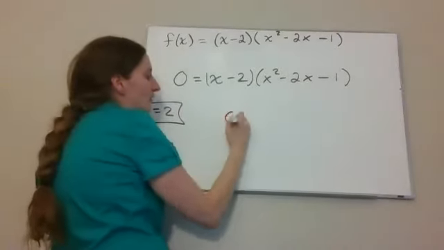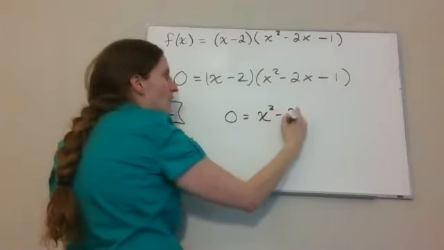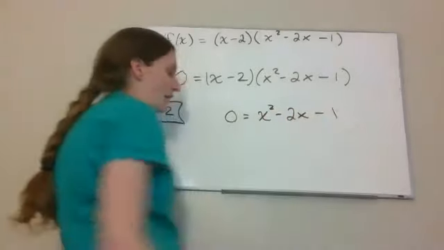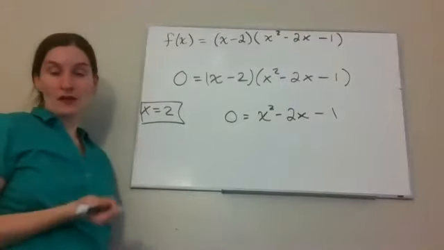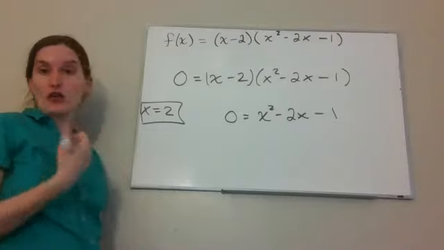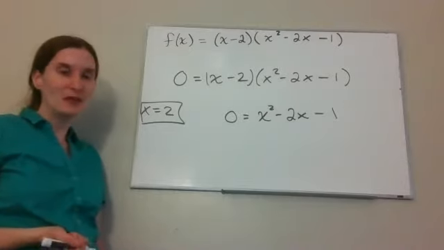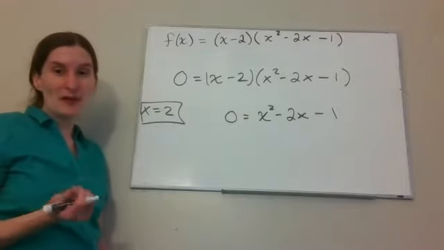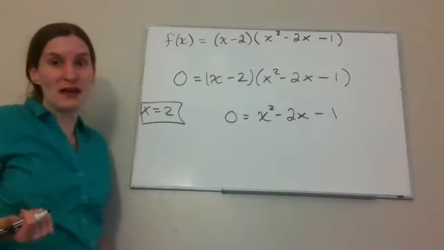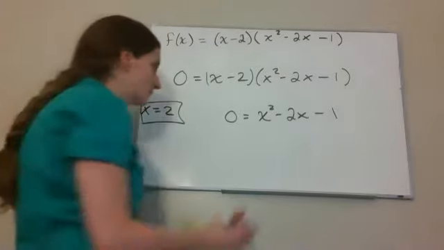The rest of my zeros come from 0 equals x squared minus 2x minus 1. And we know how to solve that because that is a quadratic equation. You could try to factor it. It's not going to work too well for this particular problem. You could try completing the square, though I personally don't like to do that too much. I'd probably use the quadratic formula on this one.